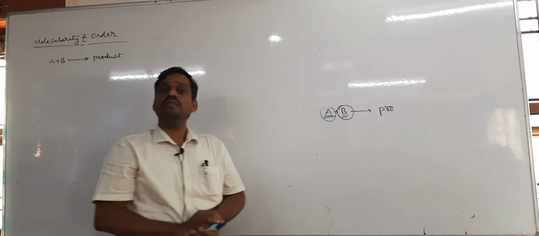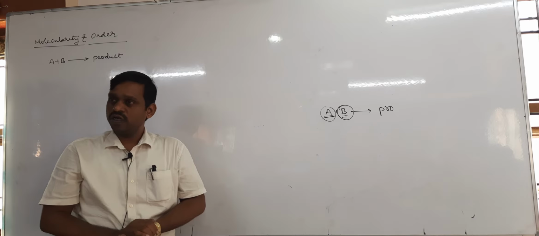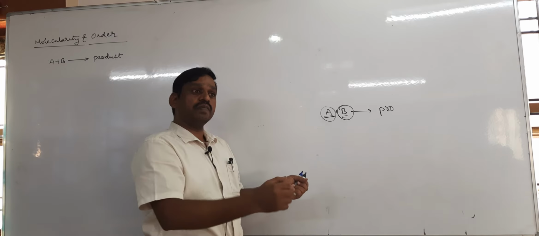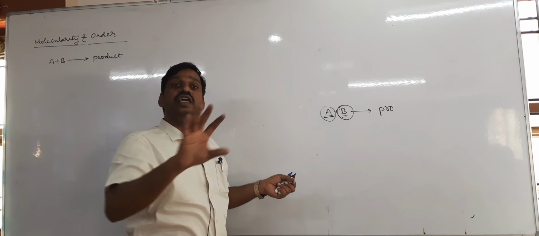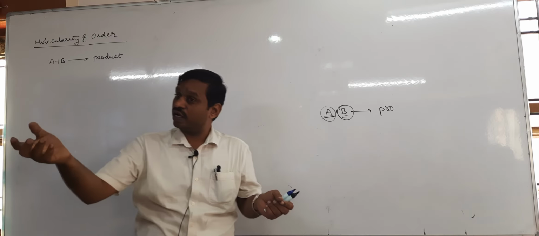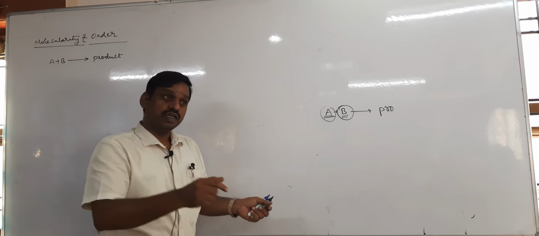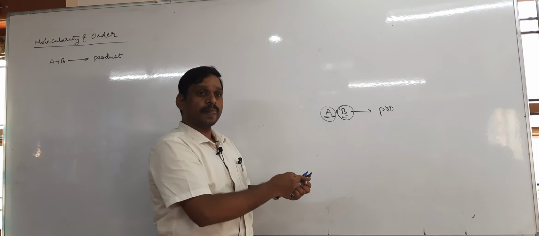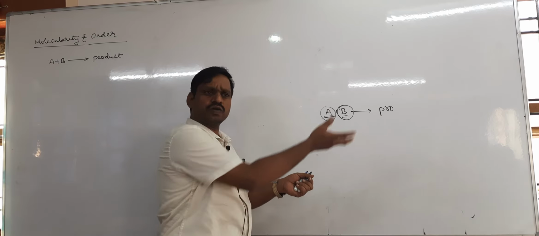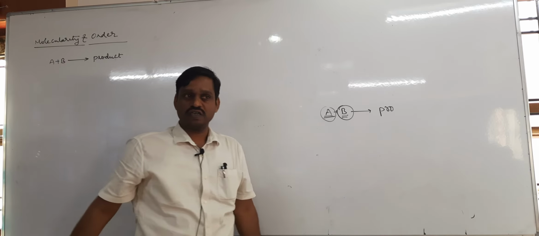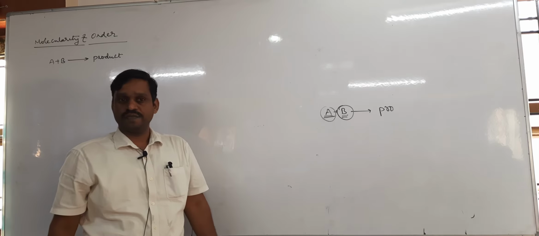That is called molecularity. Therefore, in molecularity two points are important: the molecules must be involved in the RDS or elementary step, and they must collide with each other, because collision is required to get the product.